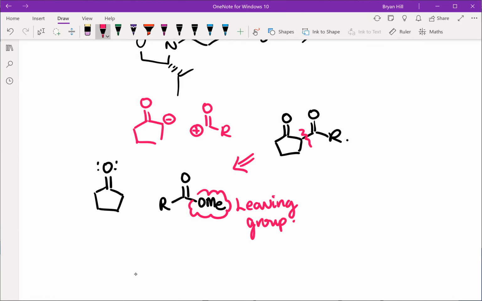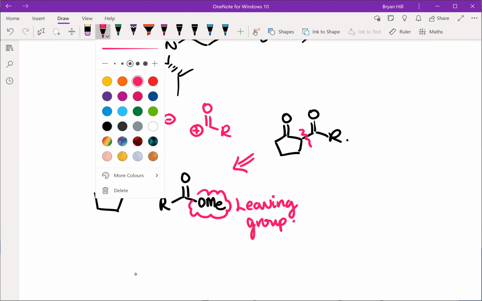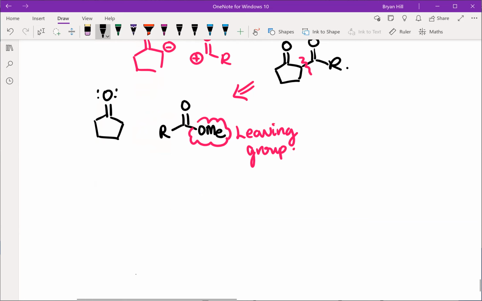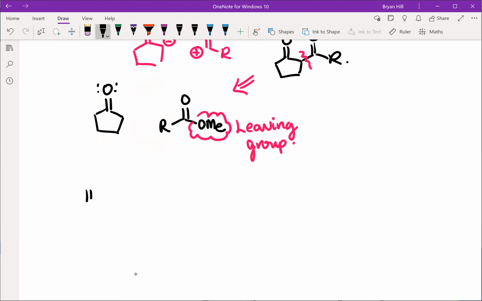Now, the interesting thing about the Claisen condensation is that in certain instances you can mix 2 components. So let's pretend that our specific 2 components are the cyclopentanone plus this ester here.